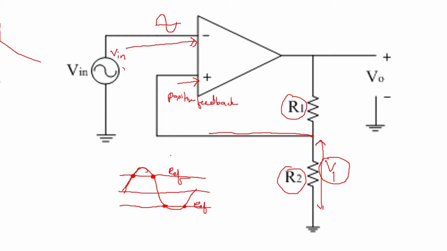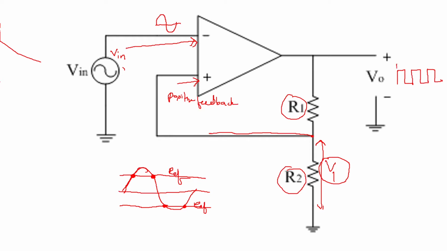So we can say that if you are giving the main V in input to the inverting terminal here, that is a sine wave, then the output will be a square wave. Here you can see the output can be a square wave where it is going to change its value from plus Vsat to minus Vsat. You will get output of this kind depending upon the comparison of the sine wave and the reference voltage.